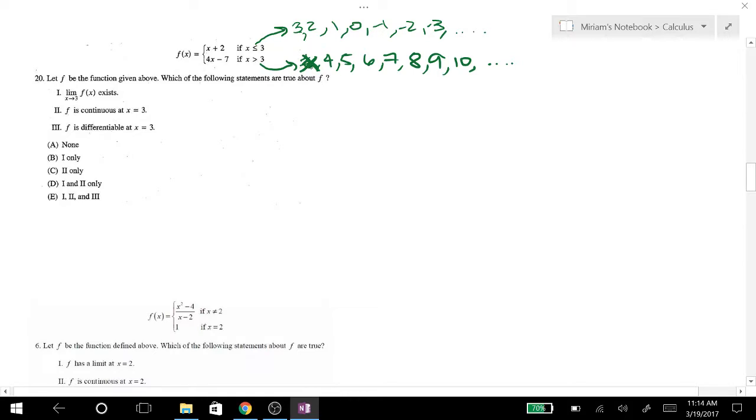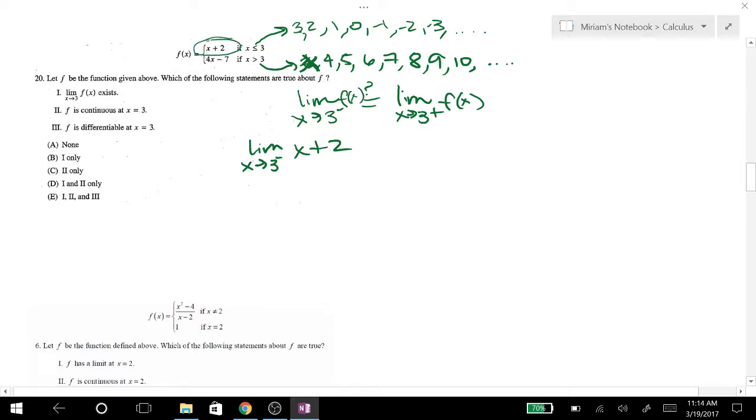Okay, so for a limit to exist, let's check the first one. The limit from the left has to equal the limit from the right of this function, f of x. Well, let's see. From the left, I'm going to use x plus 2. So I'm going to check the limit as x approaches 3 from the left of x plus 2.